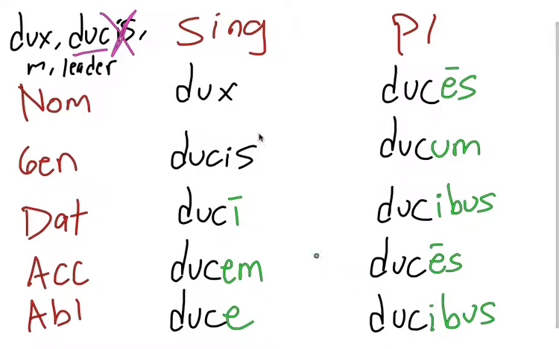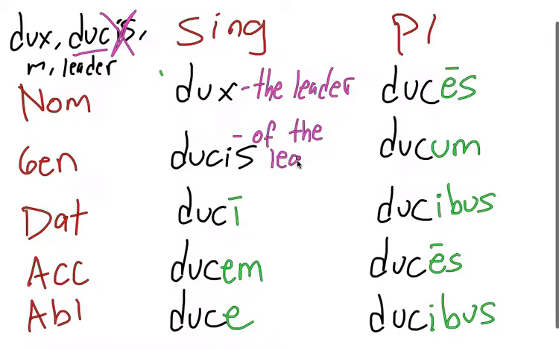And one of the great things about Latin is that with all of these cases, the translations for the cases remain the same. So dux, if it's nominative, would translate as the leader or the general. Ducis as genitive would be of the leader or the leader's.